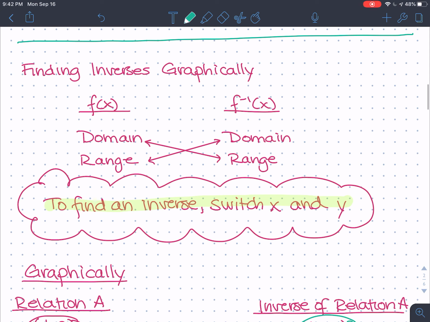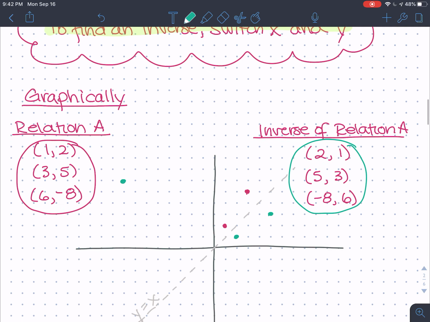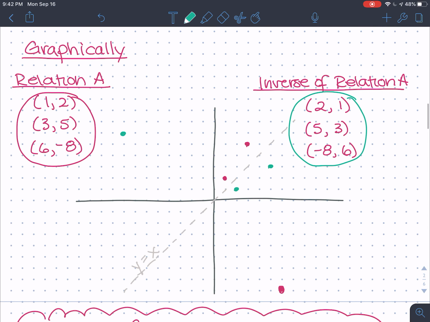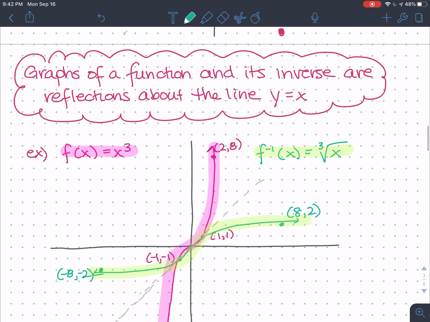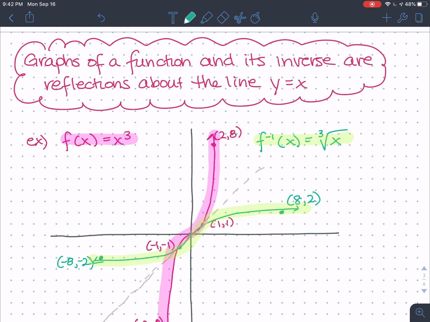In general, to find inverses, all you have to do is switch x and y, because the domain of one becomes the range of the other. So the x values of one become the y values of the other, and vice versa. So you literally just switch x and y. That means inverses and their graphs are reflections about the line y equals x.